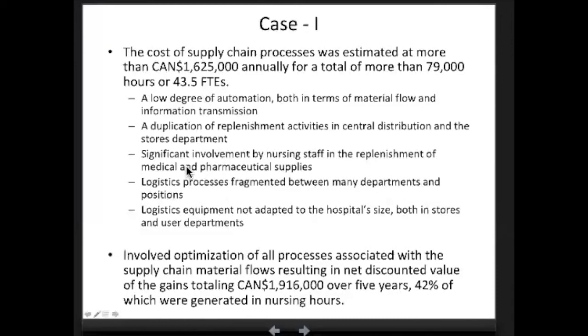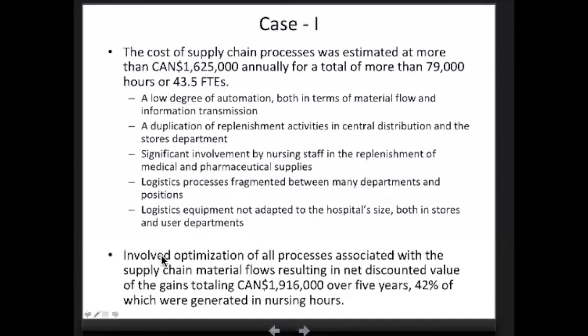There was significant involvement by nursing staff in the replenishment of medical and pharmaceutical supplies. Logistics processes were fragmented between many departments and positions, and logistics equipment was not adapted to the hospital size, both in stores and user departments. So there were several of these considerations that had to be taken into consideration.